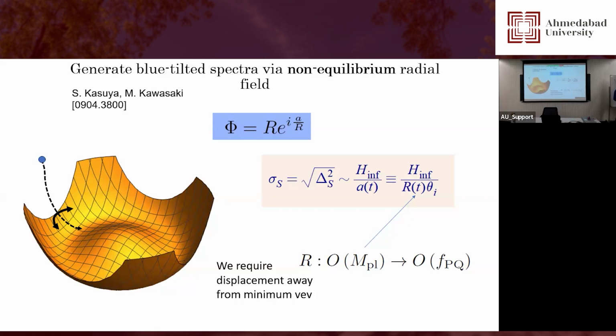There's no specific limit on the value of FPQ. The rolling only depends on where it starts and where it ends, and that defines how long it's going to roll. Different models, for different values of FPQ or different starting points, give different scales over which it grows.